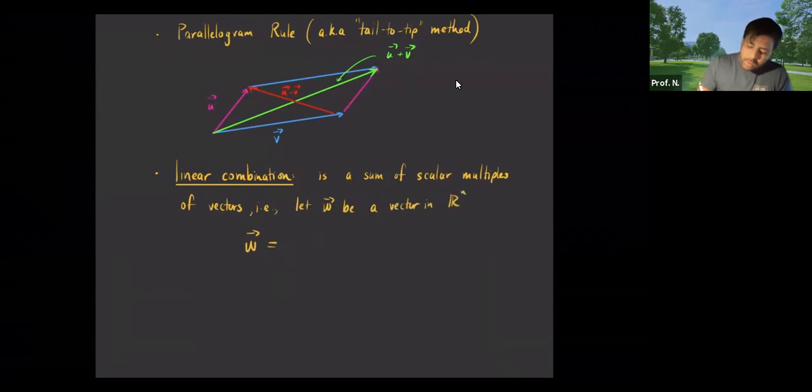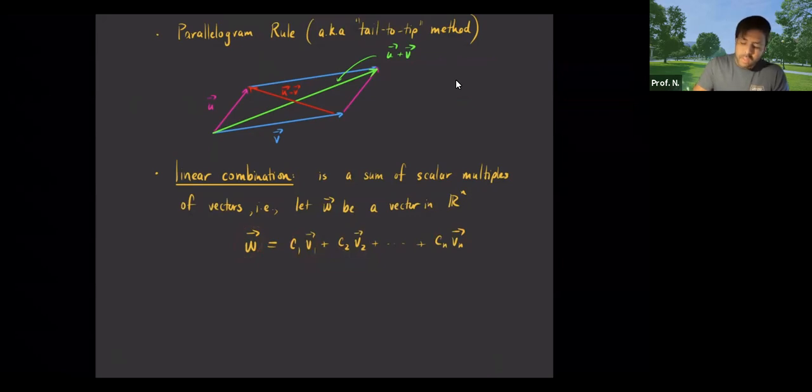And we can rewrite this as a linear combination of other vectors, suppose n of them. Then when I add the scalar multiples of these vectors in a particular way, I can represent this new vector W as a linear combination.